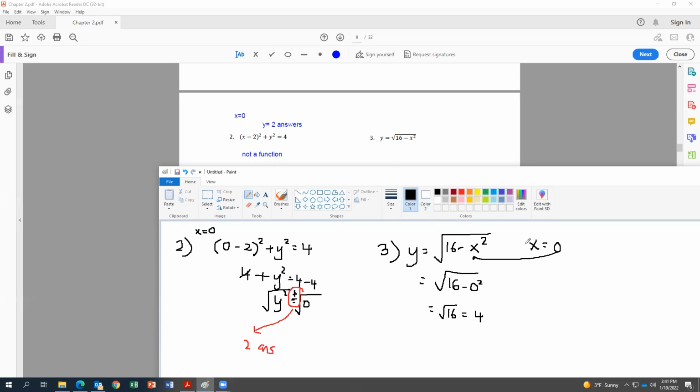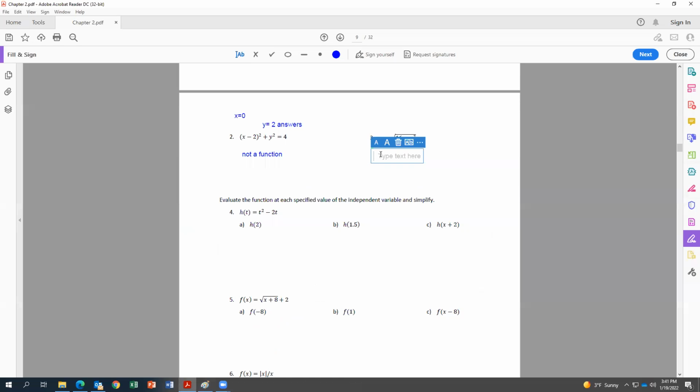So how many answers do we get in this question 3? No matter what x numbers you plug in here, you only get one answer. So y only has one answer. So this is a function.